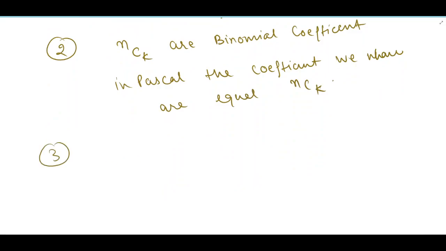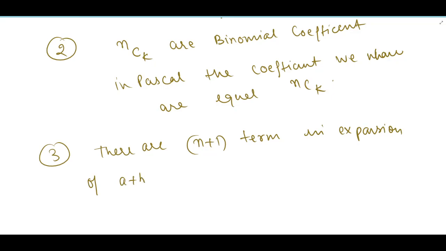Third point, there are n plus 1 terms in the expansion of (a plus b) to the power n, that is, there is one more term than the index n.